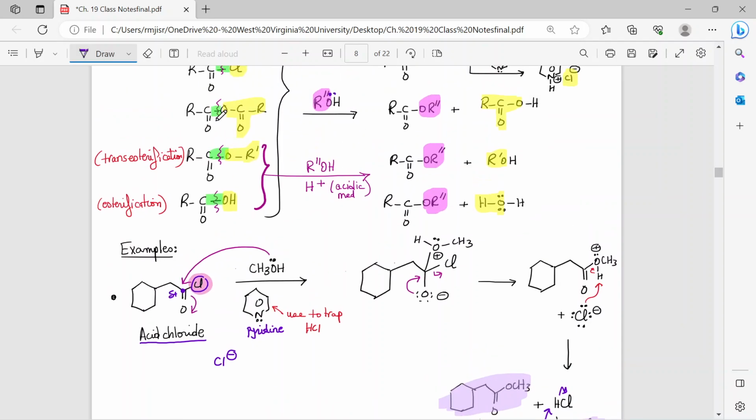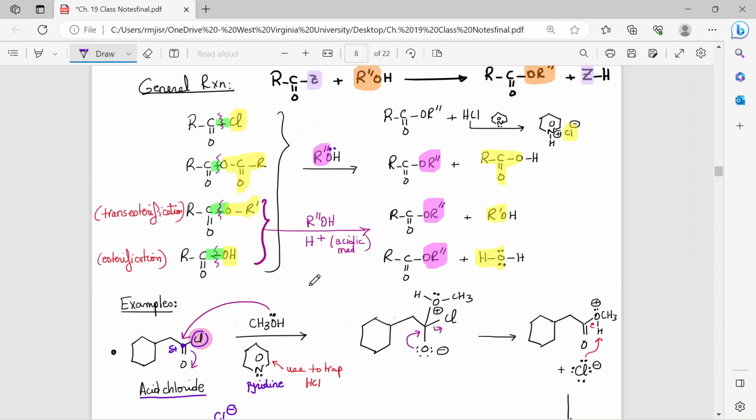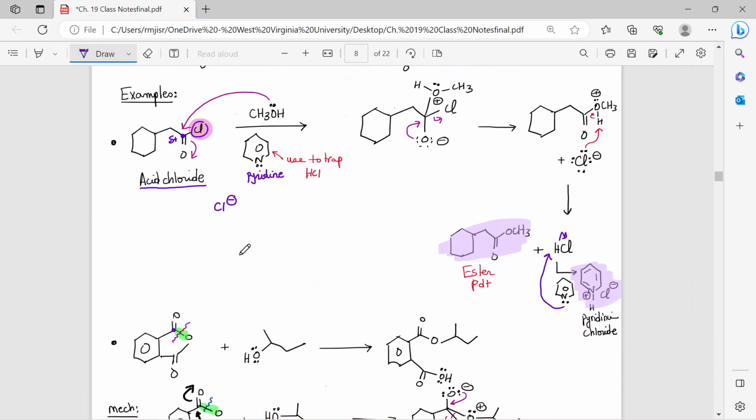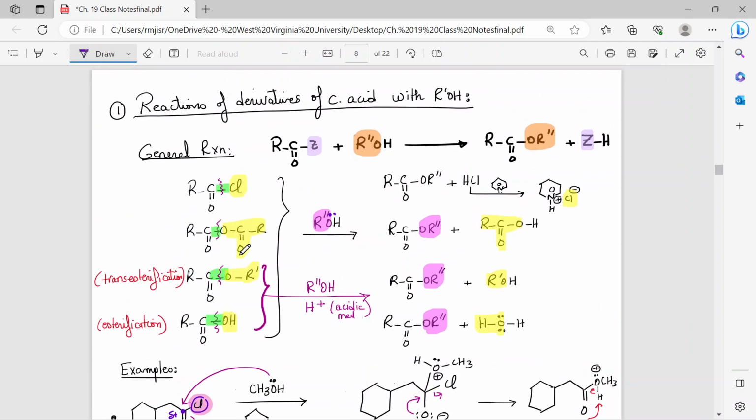The reaction is going to proceed exactly the same with anhydride, and you are going to get an ester, in this case, of the carboxylic acid. So let's walk through this mechanism over here. Here I'm starting with a cyclic anhydride. Always locate the bond that needs to be broken. I highlighted over here all the bonds that are going to break in the reaction.